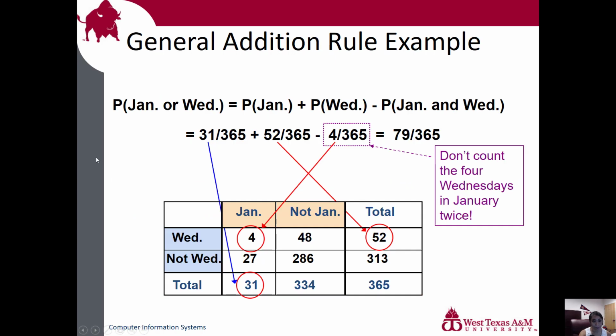If I want to know the probability that that day is January or a Wednesday, we take the probability of a January day, which is 31, the probability of a Wednesday, which is 52, and then you subtract the probability of it being a January and a Wednesday, basically because we don't want to count them twice. And then we get 79 out of 365.